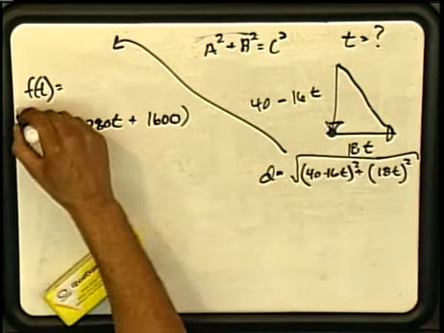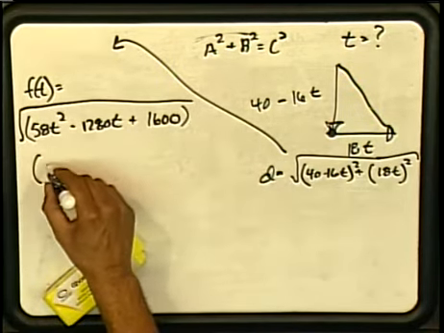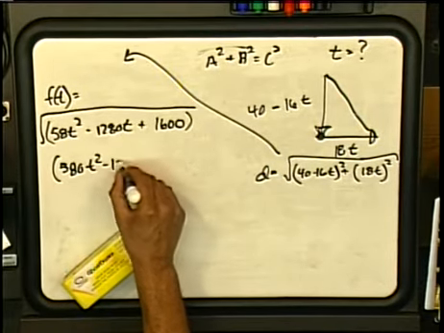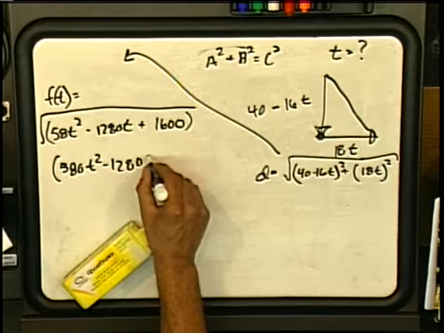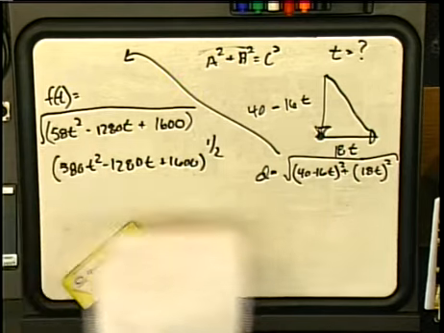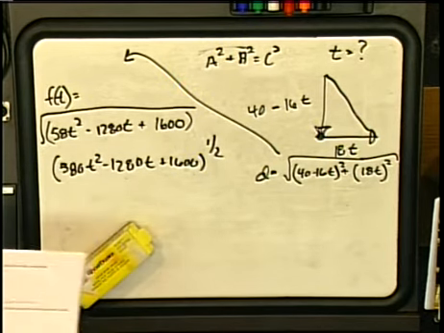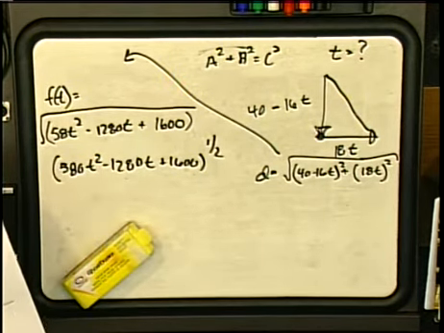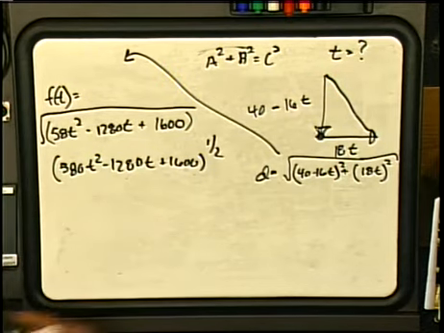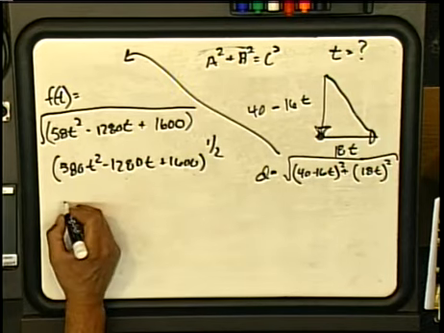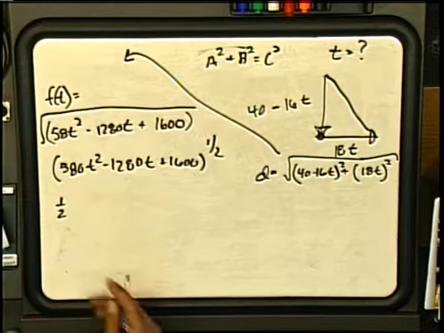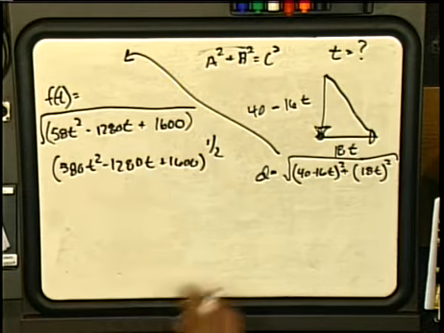And he had all that under there, but he just took it to the 1/2 instead. To the 1/2. Minus 1280. And then just take the derivative of this. Where's the 1280?